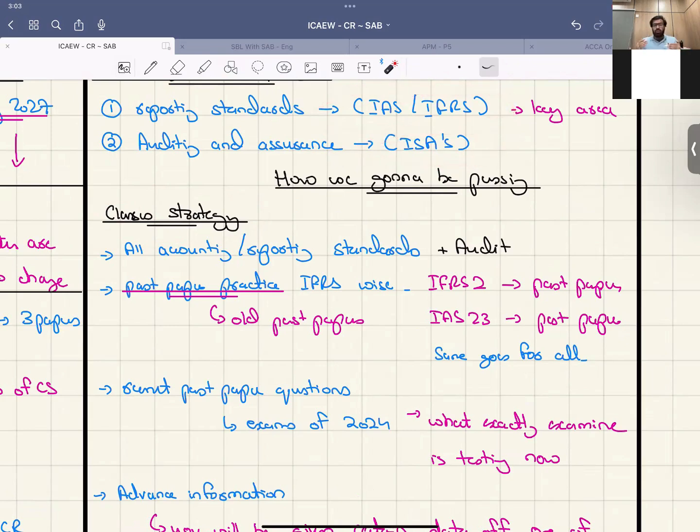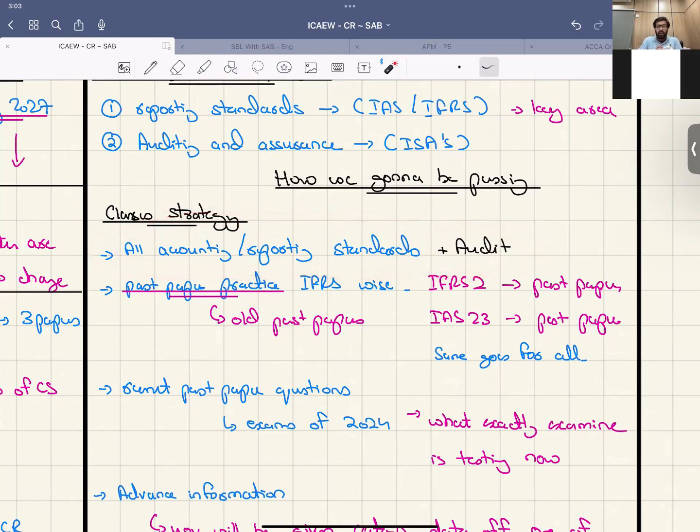Your course structure in the LMS that Mirchawala's team is going to make for you will have the accounting and reporting standards classes first, then the audit classes.